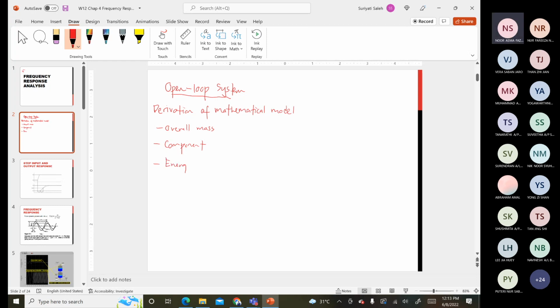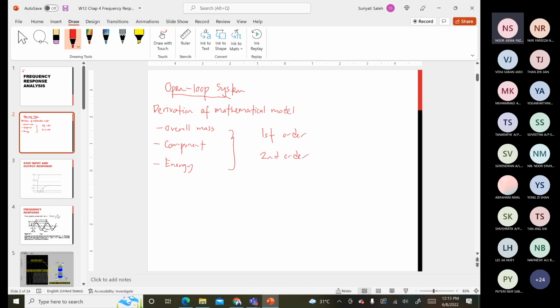So based on this mathematical model, we derive it one by one according to the state that has been required to represent the chemical process, where mostly the outcome from this derivation normally in the form of the first order or second order.